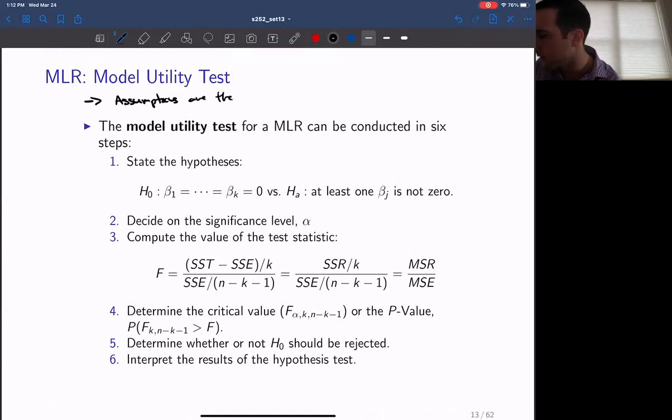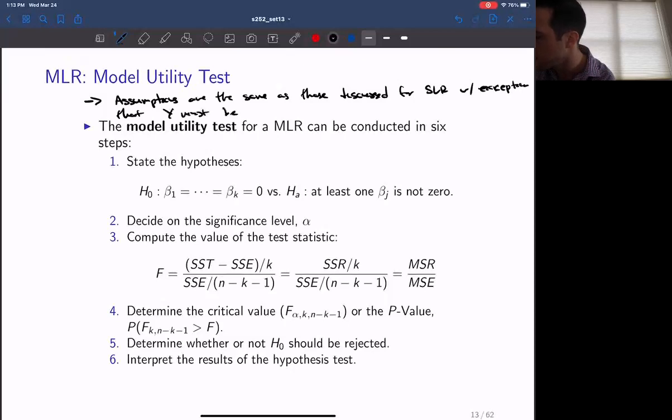The assumptions are the same as those discussed for SLR, with the exception that y must be linear with each xj.